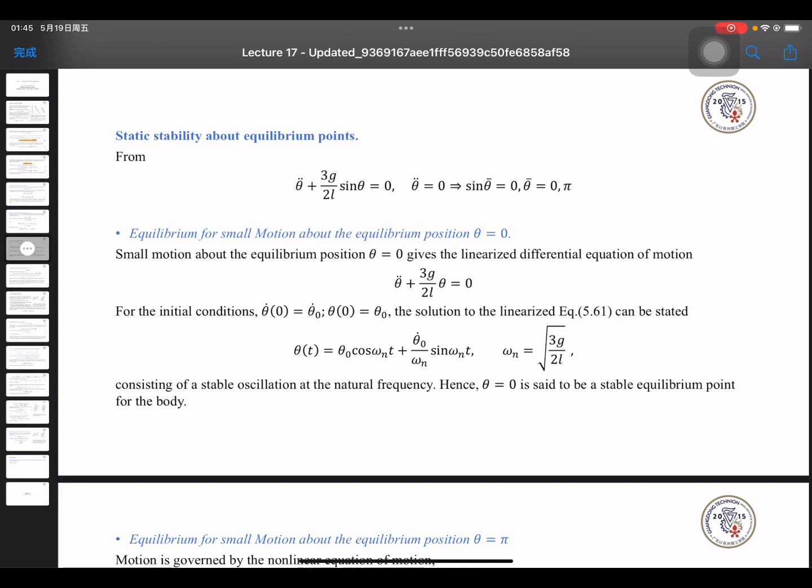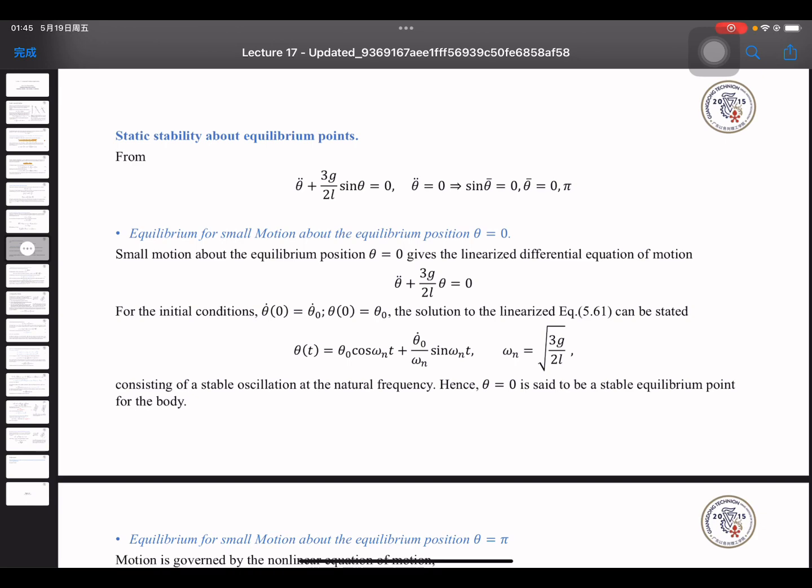Equilibrium for small motion about the equilibrium position theta equals 0 gives the linearized differential equation of motion, theta double dot plus 3g over 2L times theta equals 0.